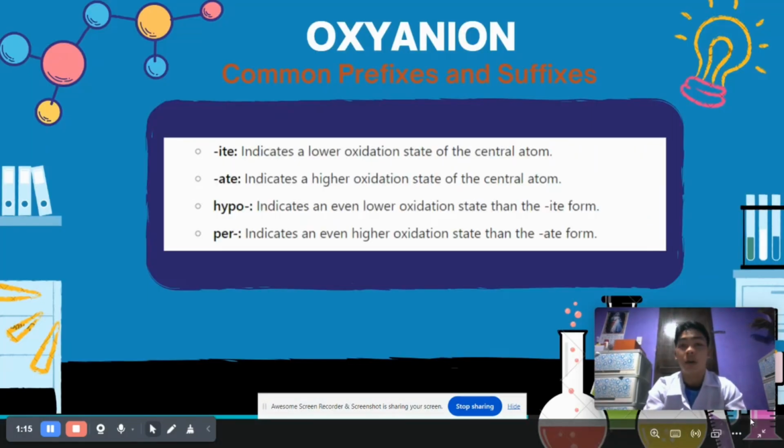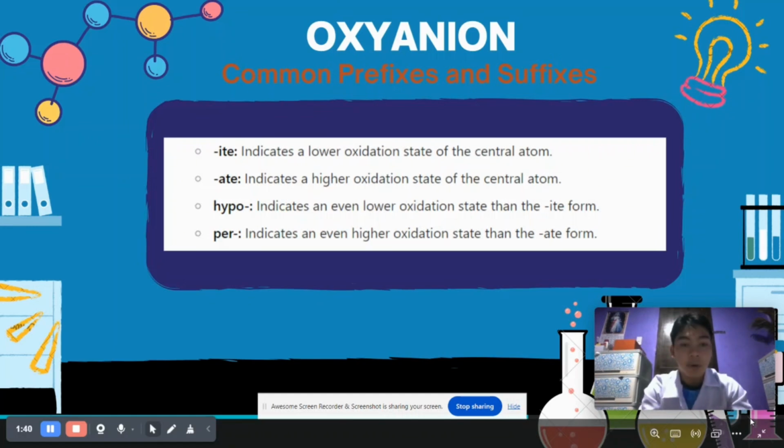Oxyanions have common prefixes and suffixes. We add "ite" if it indicates a lower oxidation state of the central atom. We add "ate" if it indicates a higher oxidation state of the central atom.